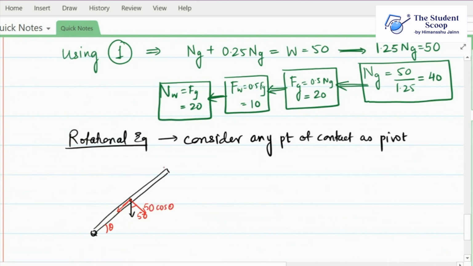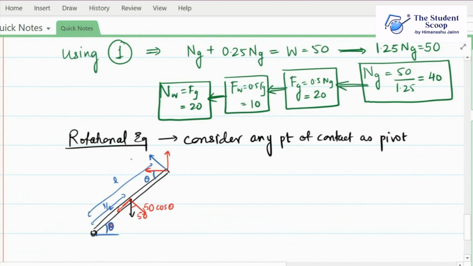Okay, and what are the other two forces? These are the other two forces. Now they are also working at an angle. So if this is theta, then this is also theta. So this component, a perpendicular component to the length of the rod, understand this is L by 2, and this is entirely the length of the rod, that is perpendicular distance. So this component becomes NW.